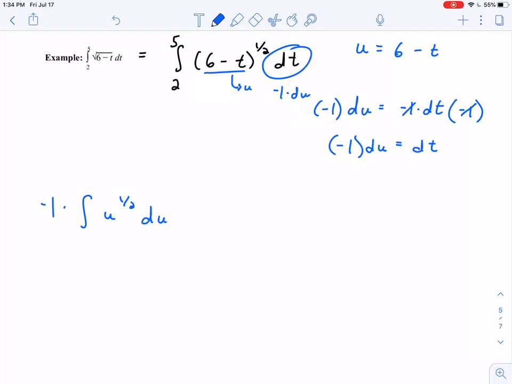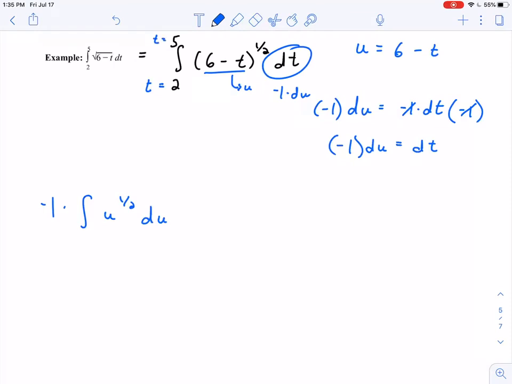Here's where our two methods of evaluating these definite integrals with substitutions start to change. The way I prefer to do them is to look at my lower limit of integration and my upper limit of integration, because right now these are actually in terms of t. This is t equals 2 and t equals 5.